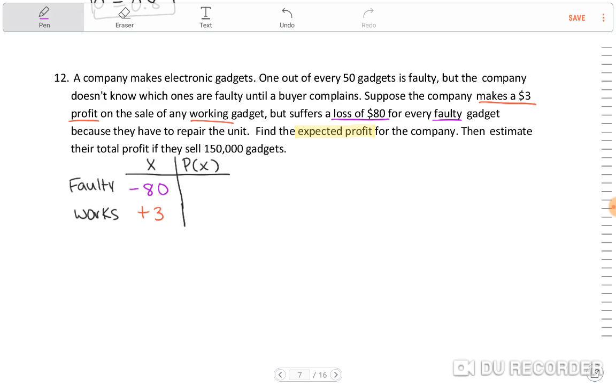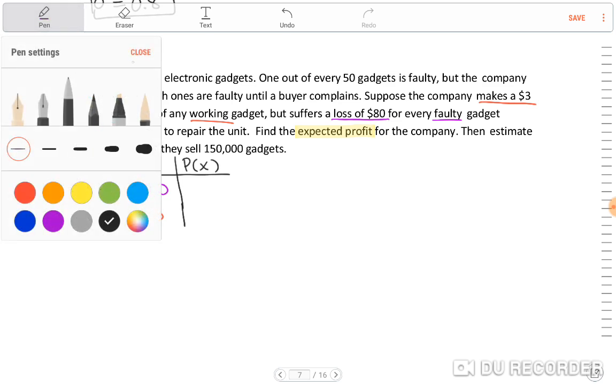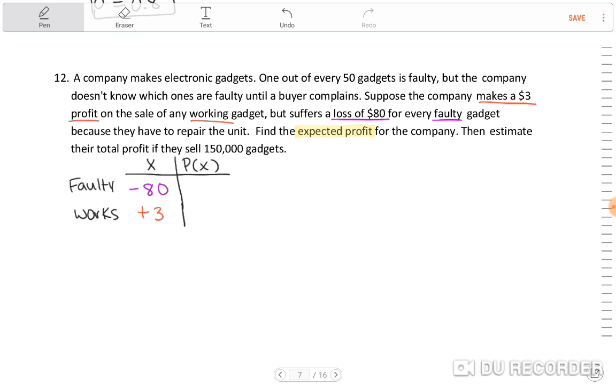And then the probabilities. Now that's the tricky part. How do we figure out the probabilities? Well, what did I say a little while ago? It says 1 out of every 50 is faulty. So the probability of being faulty is 1 out of 50. You could also write that as 0.02 if you wanted to do decimals.